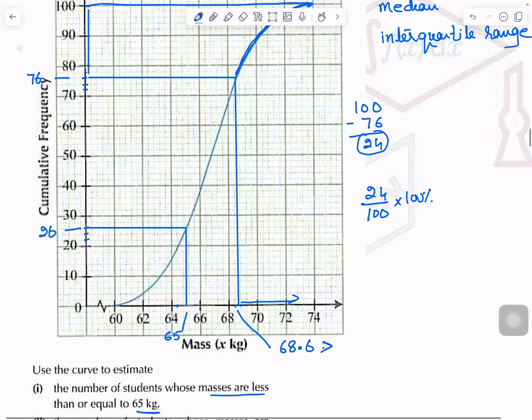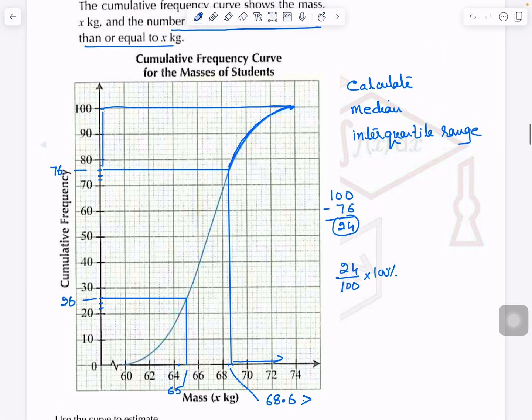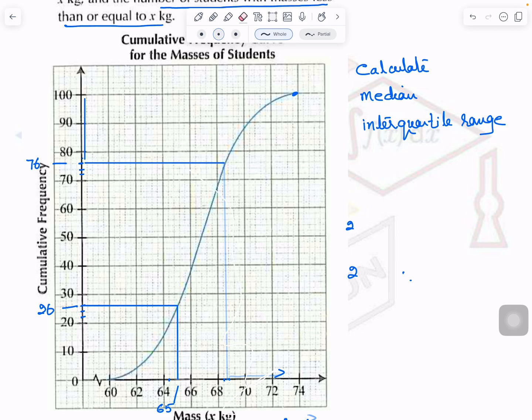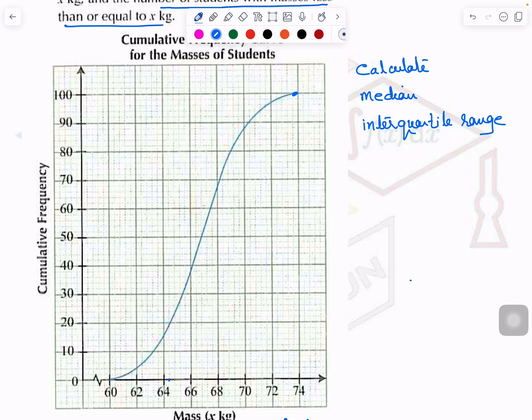Now one more thing I want to teach you here: how to calculate the median and interquartile range, which is very important. The median is the data at 50%, and the interquartile range is the data at 75% minus the data at 25%.